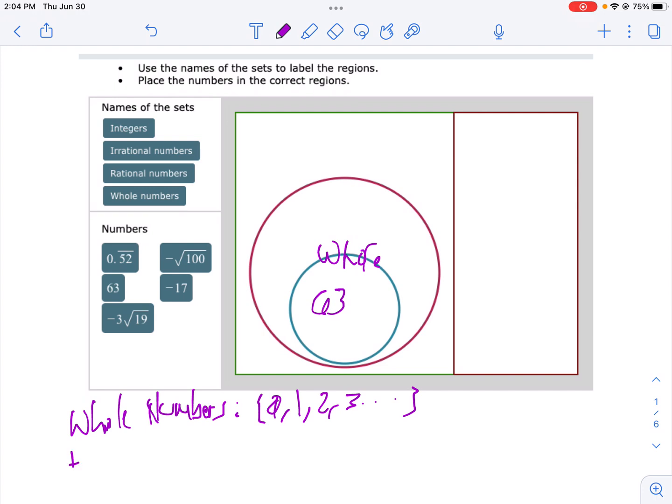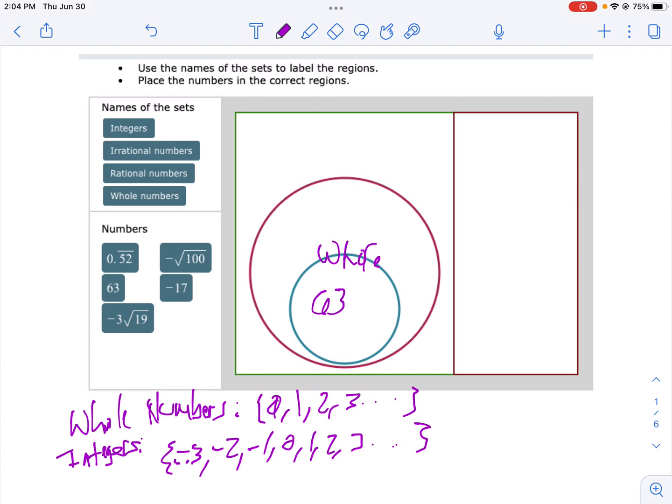Then we have integers. Well, integers are all the whole numbers and their opposites. So once again, no fractions or decimals, but they include negatives. Should have 3 dots here in the beginning too.